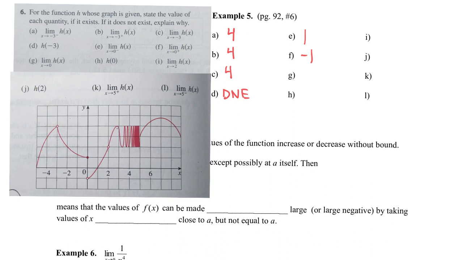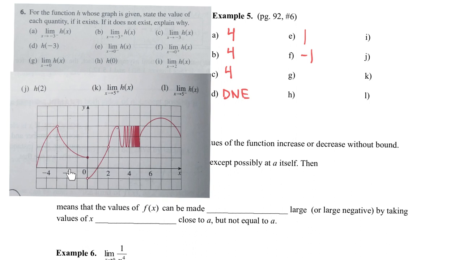And then G says the limit as x approaches 0. Well, for this one, we can see by the answers to E and F, the fact that they are different means that this limit doesn't exist. As you approach 0, the answer depends on which side of 0 you approach from.